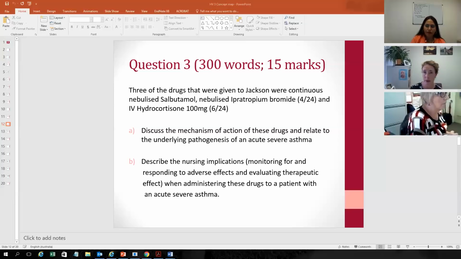So monitoring a patient, some people think monitoring is not an intervention or a nursing strategy. So the way that you address that needs to be as a nursing strategy.